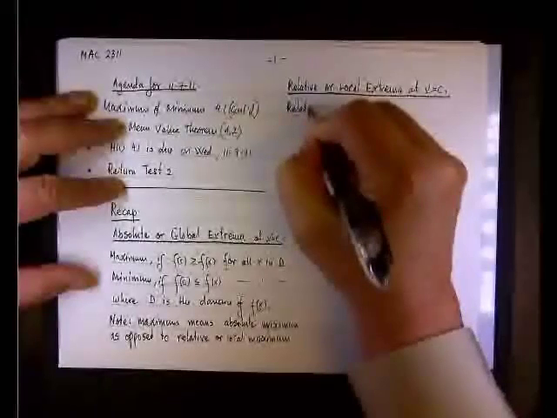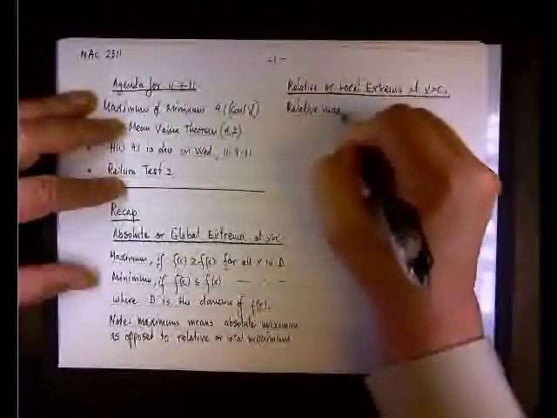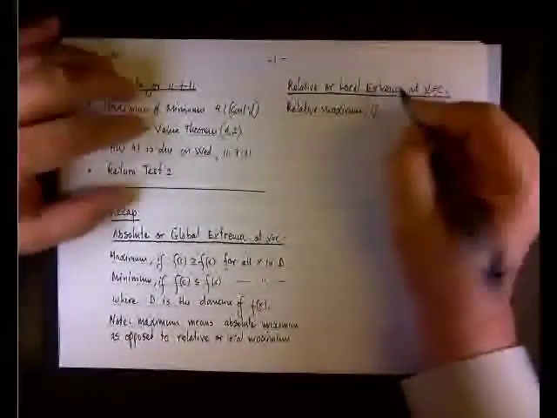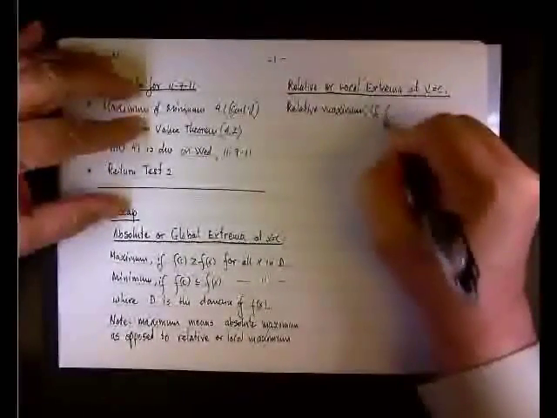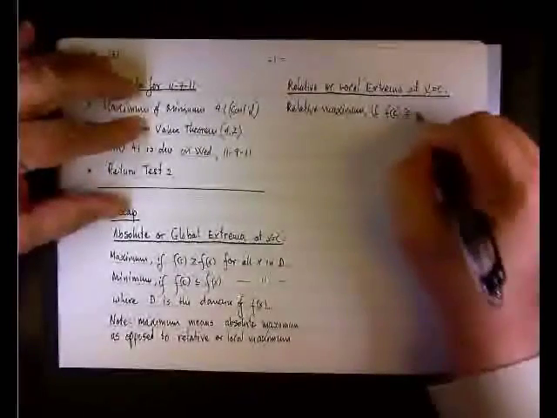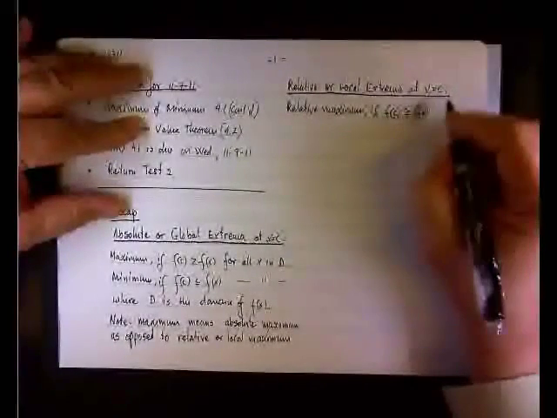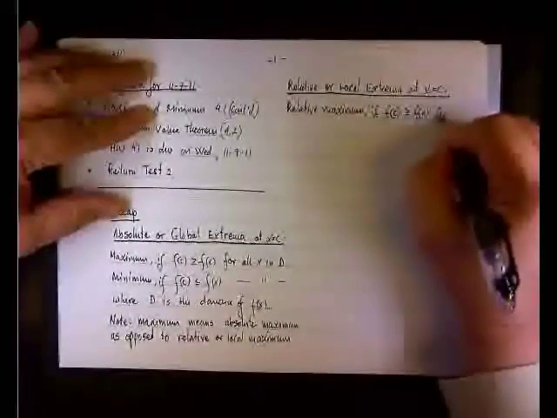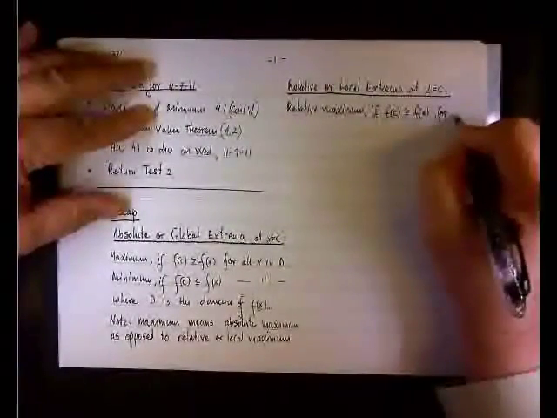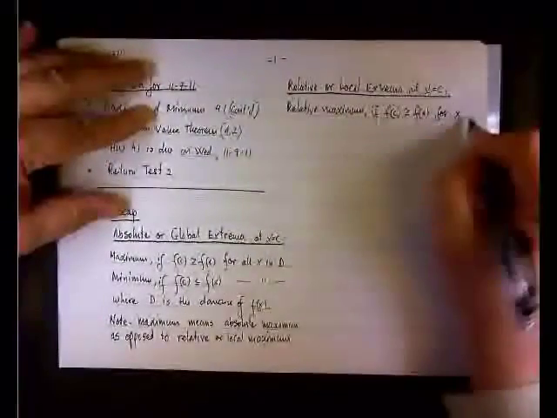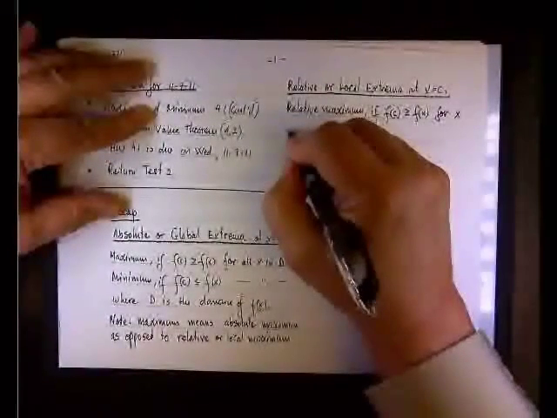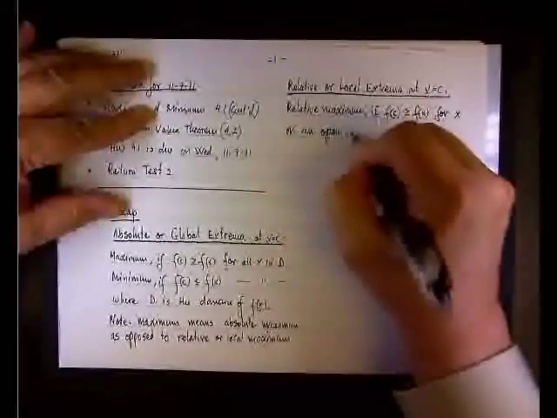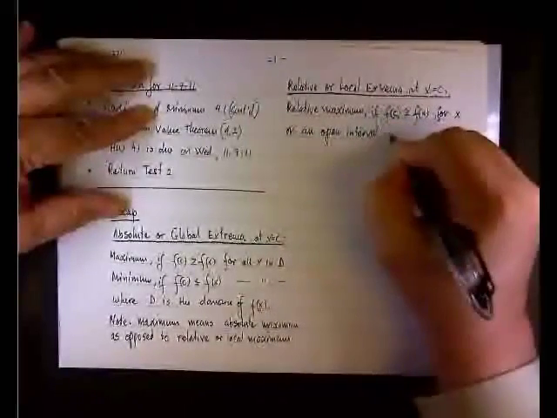In this case I've specified, if f of c is greater than or equal to f of x for x on an open interval near c.